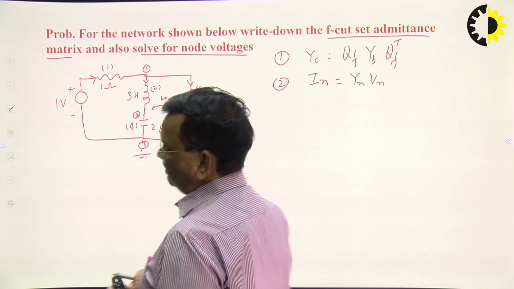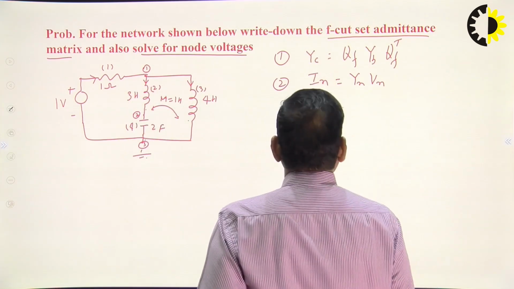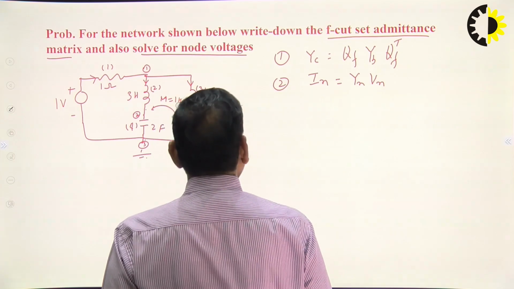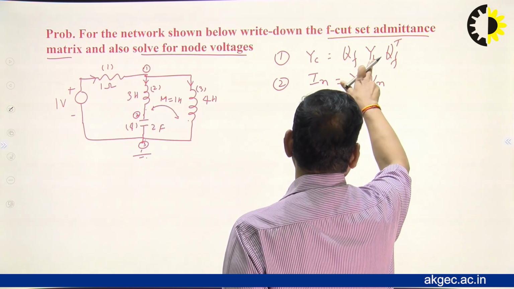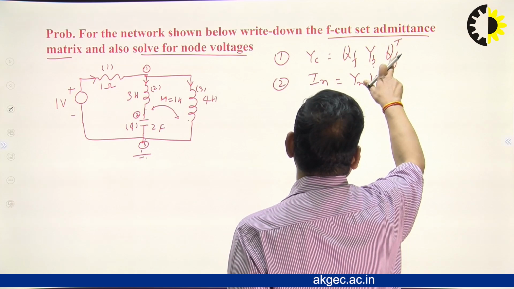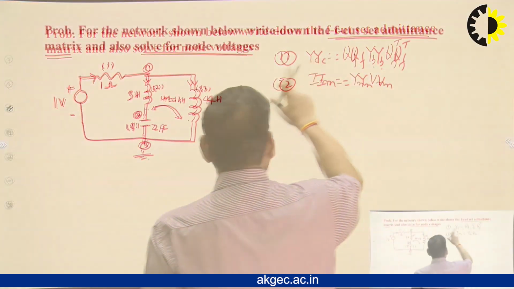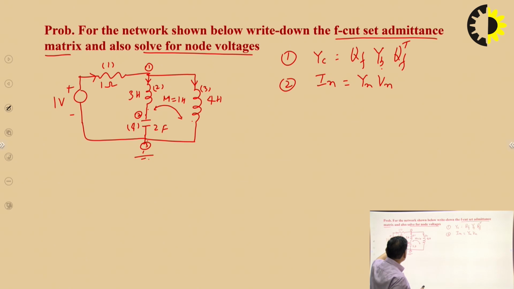So, for this particular example, you have to find out the cut set admittance matrix, which is the fundamental cut set matrix into the branch admittance matrix into the transpose of the fundamental cut set matrix. And in the second, you have to find the equilibrium equation: node current equal to node admittance matrix into node voltage.